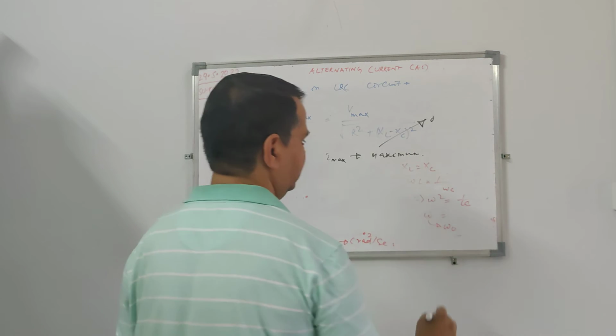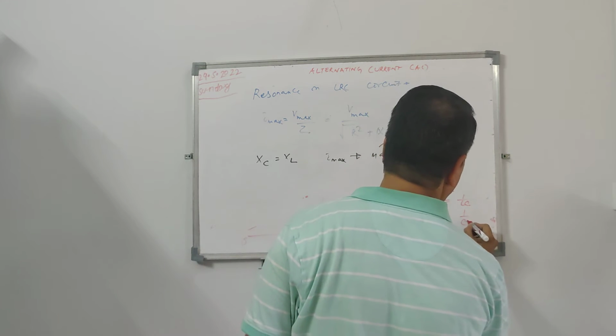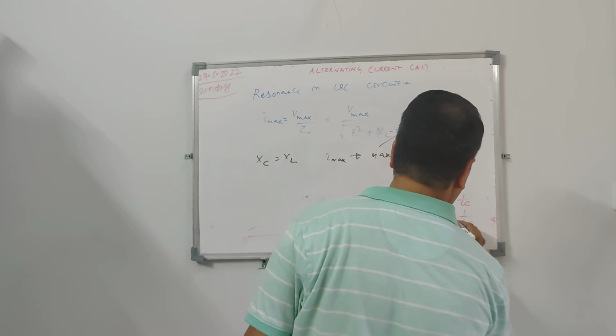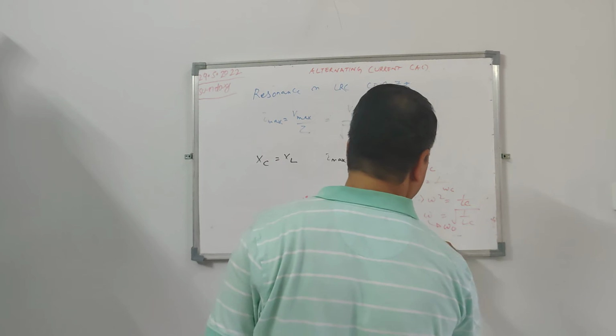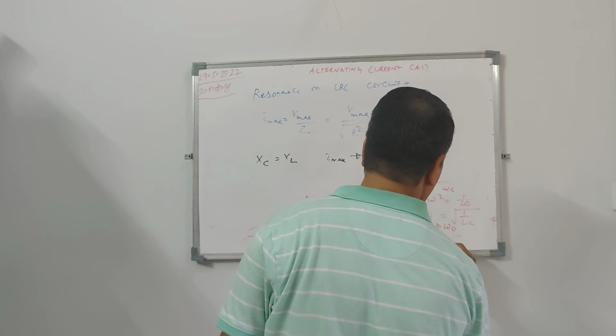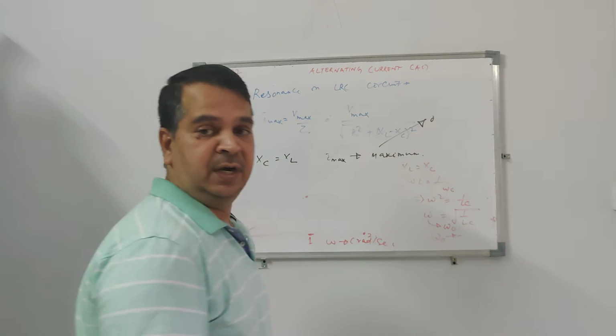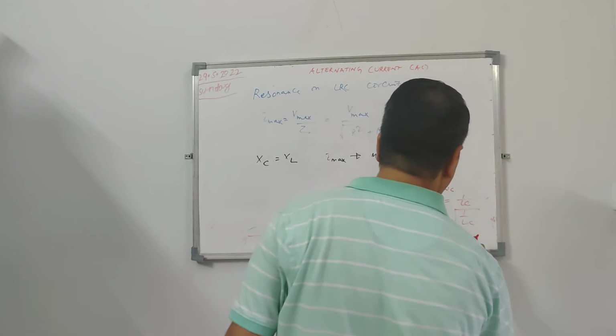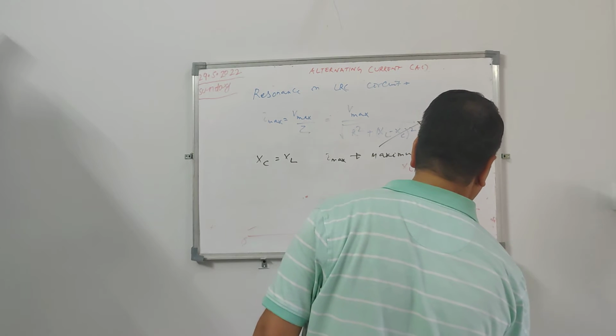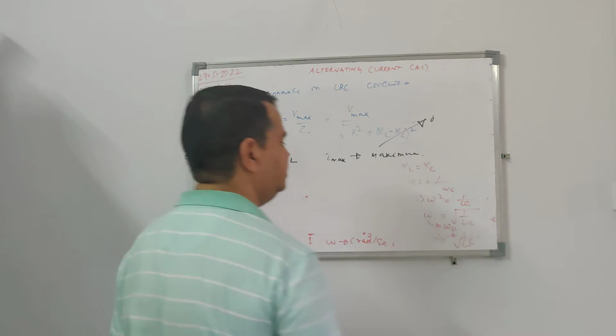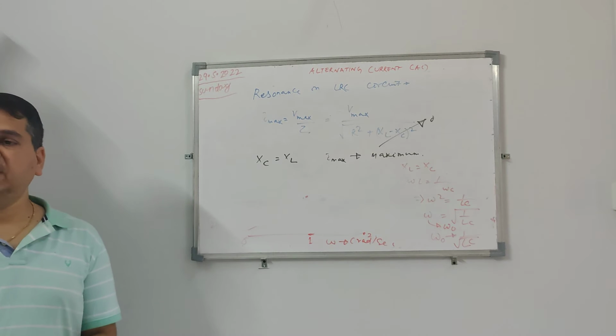So omega is 1 by square root of LC. This is otherwise called the resonating frequency, which is nothing but 1 by square root LC.